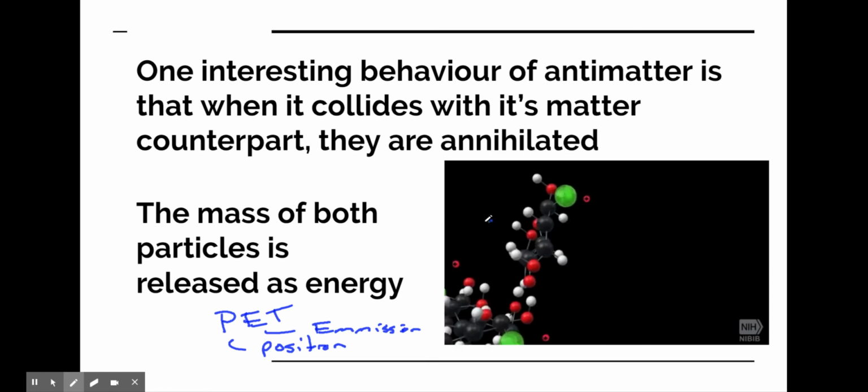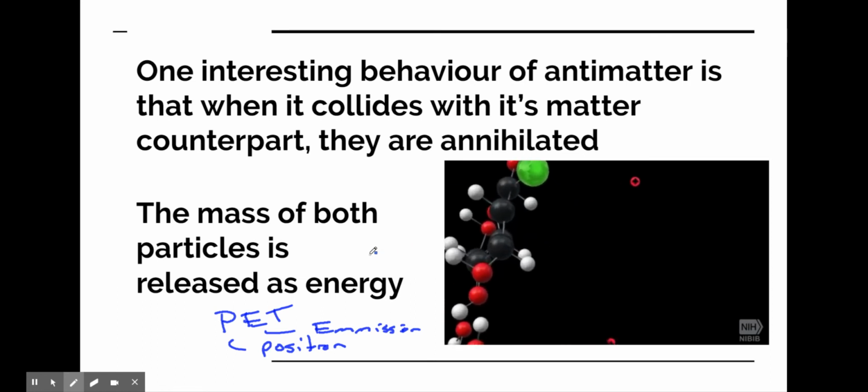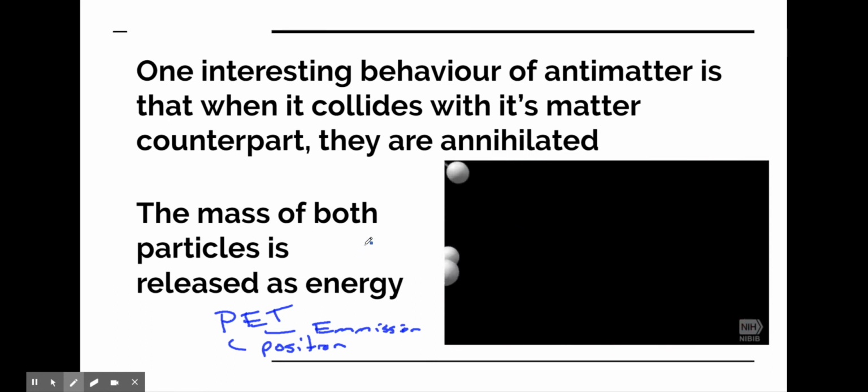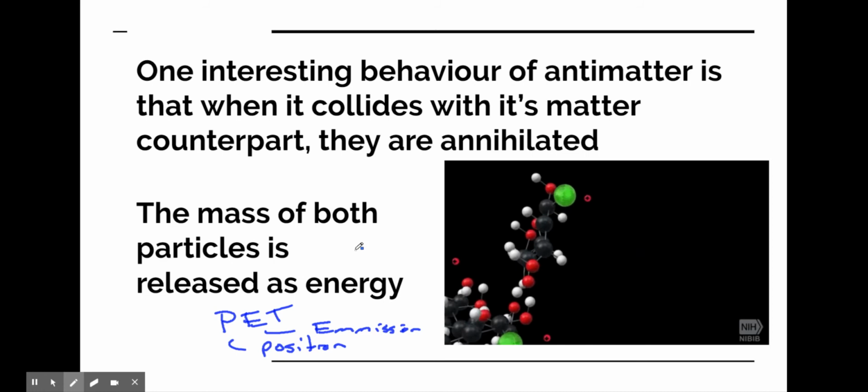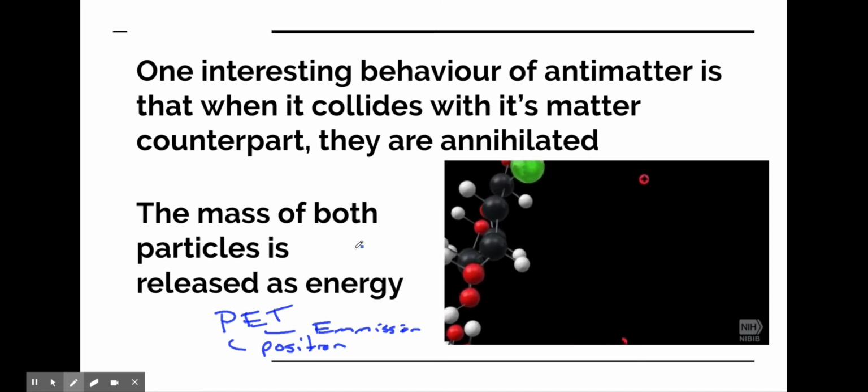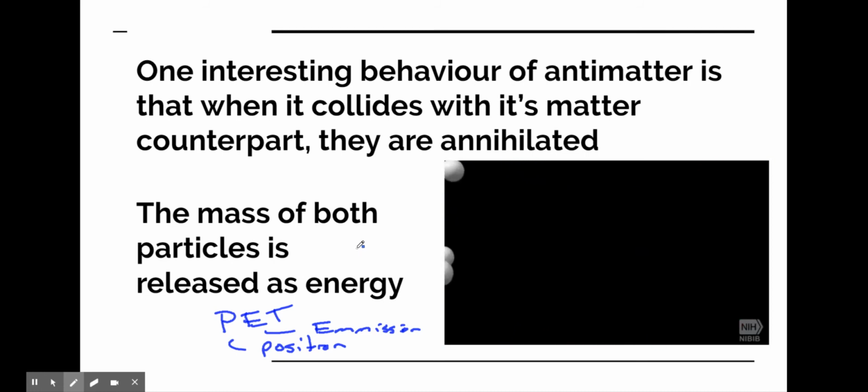So the idea would be to inject somebody or have somebody ingest a radioactive isotope that undergoes positron emission. If you bond that radioactive isotope with something like glucose, that sugar will go to select parts of the body.